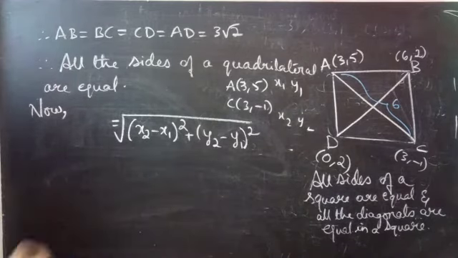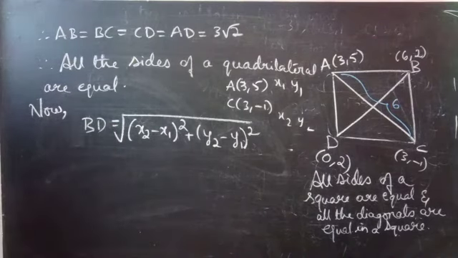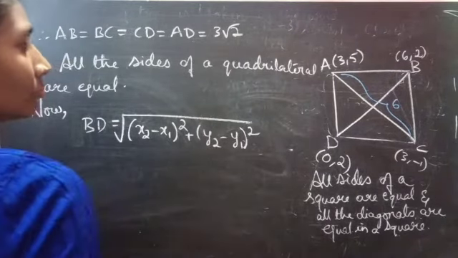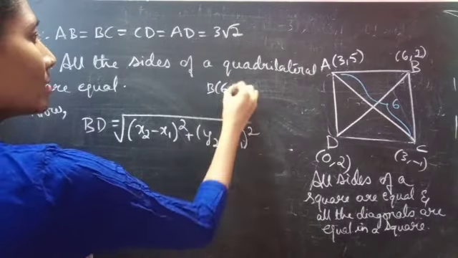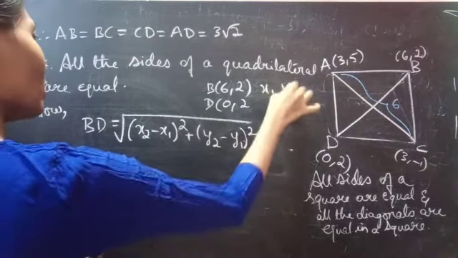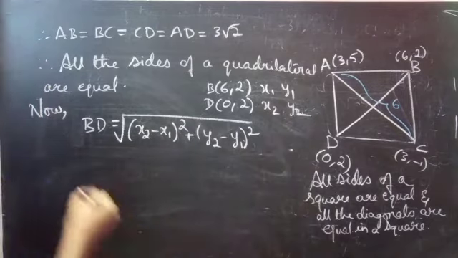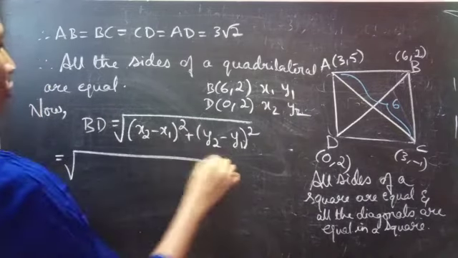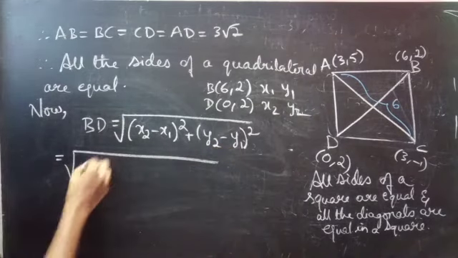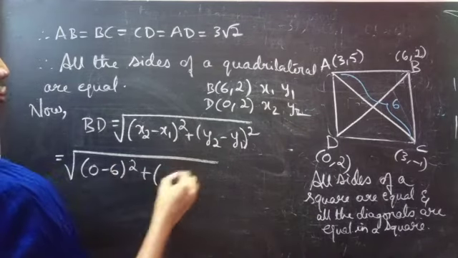Now we'll find BD. B is 6, 2 and D is 0, 2, x1 y1, x2 y2. So this equals the square root of, substituting the values, 0 minus 6 whole square plus 2 minus 2 whole square.